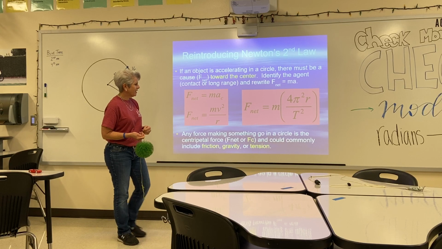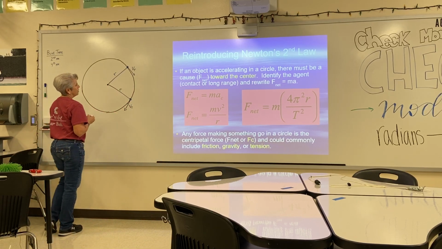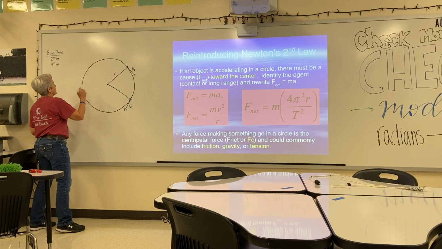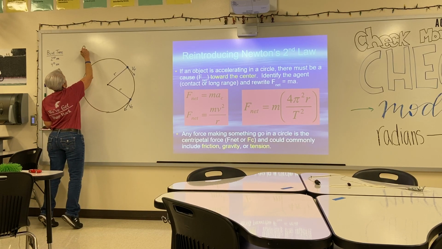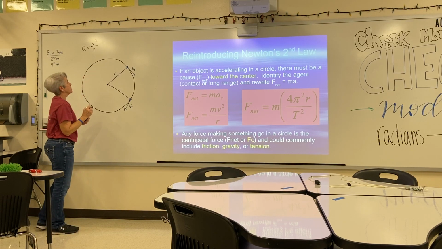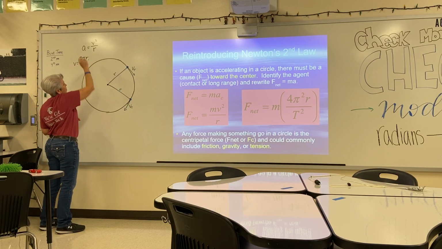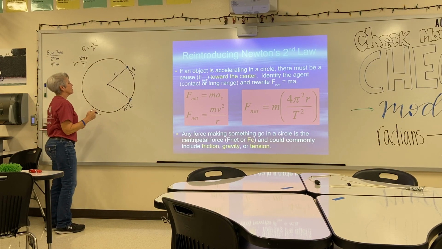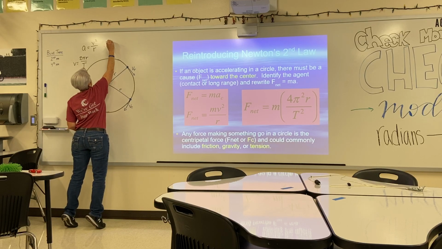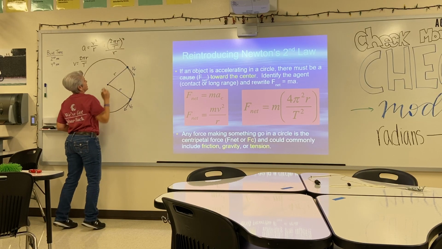Well, what about that velocity again? If I get velocity as 2 pi r divided by T, then if acceleration is velocity squared divided by radius, and v is 2 pi r over T, I can plug in 2 pi r over T for v and square that, and we end up with 2 pi r over T squared, divided by radius.